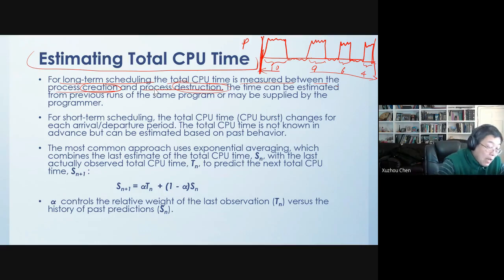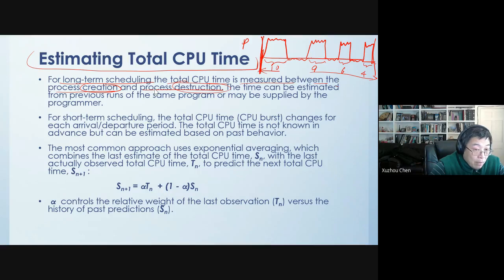Next time when you start the game again and finish it, you measure the CPU time again. The total CPU time might be different each time, for example when you play a different game. That could be different. Okay.